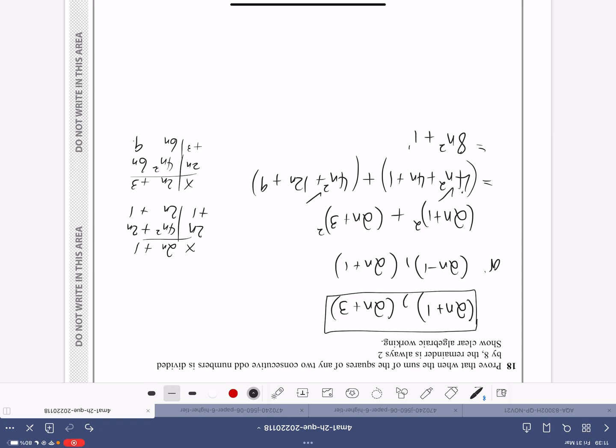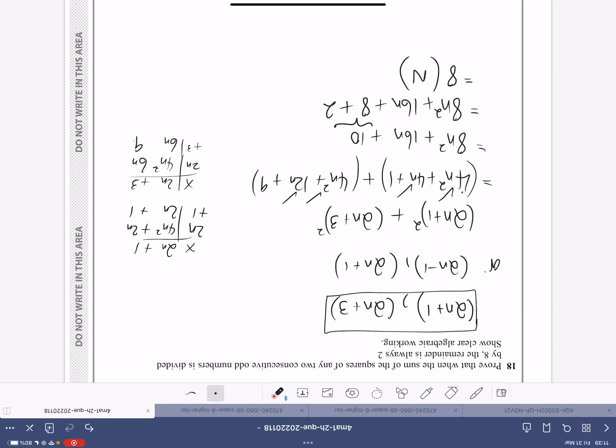plus 16n, and then we've got plus 10. Okay. So this is 8n squared plus 16n plus 8 plus 2. I'm going to split that up into 8 plus 2. So it's 8 times another number, because 8n squared divides by 8, 16n divides by 8, and 8 divides by 8, plus 2.